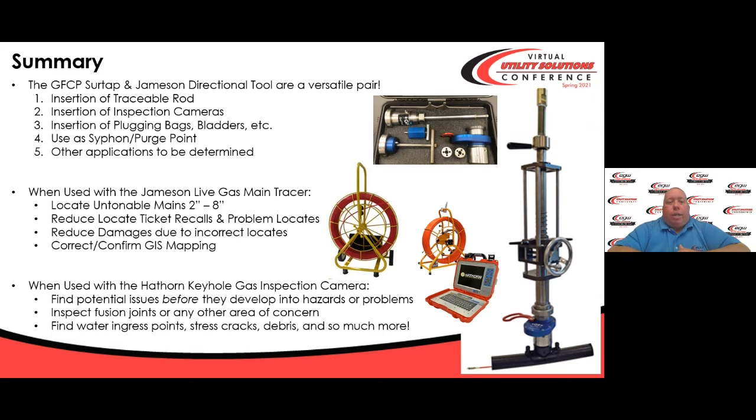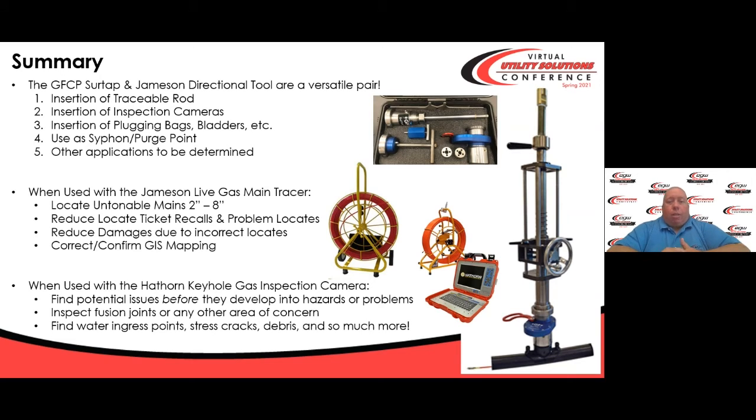You can reduce locate ticket recalls and problem locates by going out and finding these assets and making them permanently locatable when you do with marker balls or mapping. You can reduce damages due to incorrect locates and correct or confirm your GIS mapping.